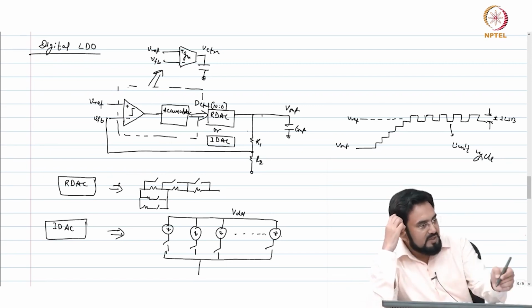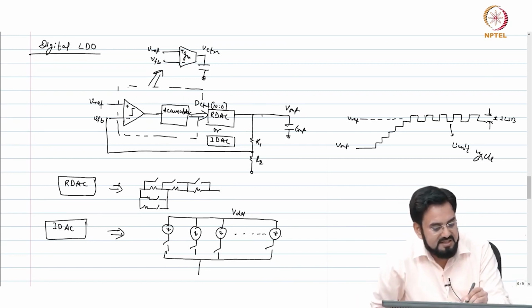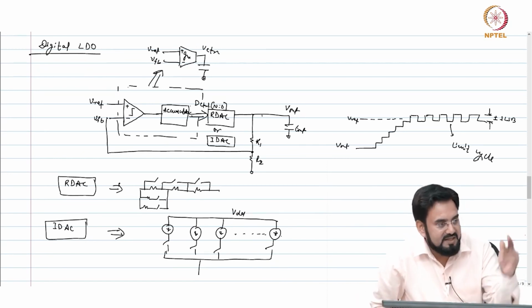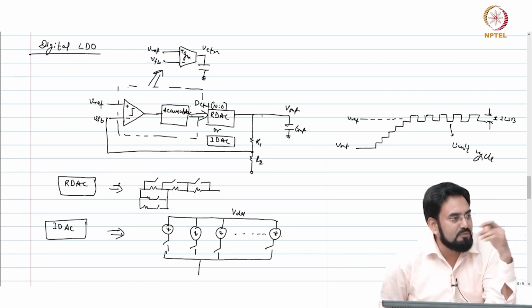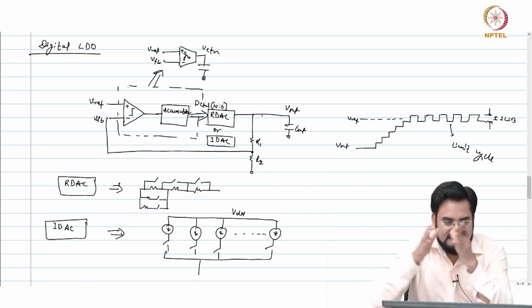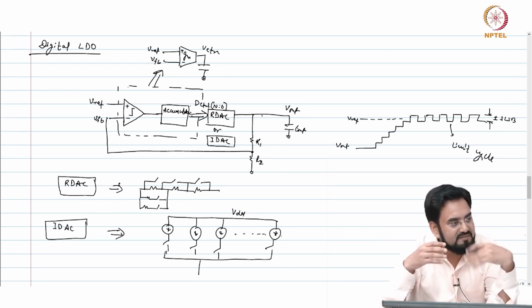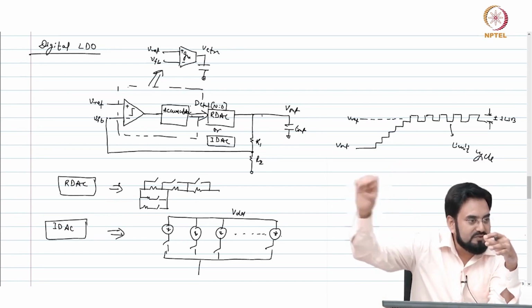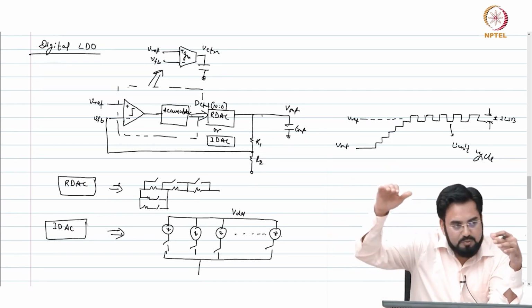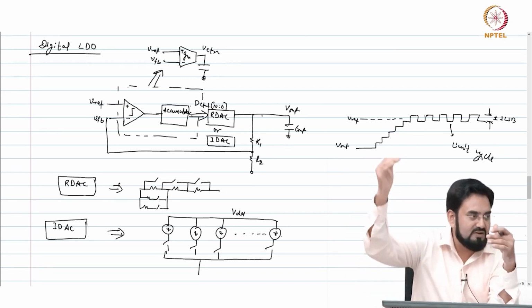If you bring your output pole inside UGB, what would happen? So let us say output has changed. When your accumulator changes the code, your output will change, and that output has not settled and you have changed the code of the accumulator, and there is some lag due to the pole. So your accumulator will keep counting up and it will increase the code before the output settles, and when the output starts going low, it will realize, oh, I have increased too much, now I have to go down.